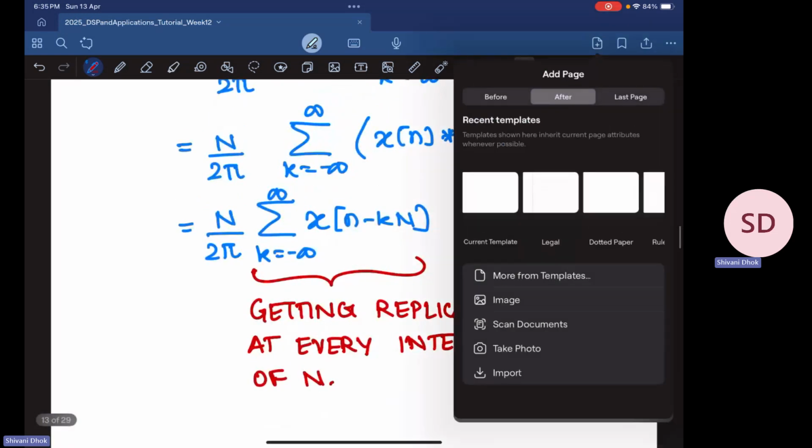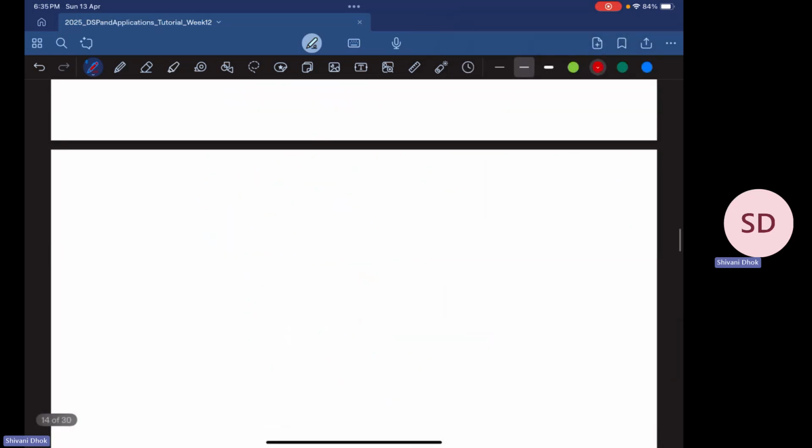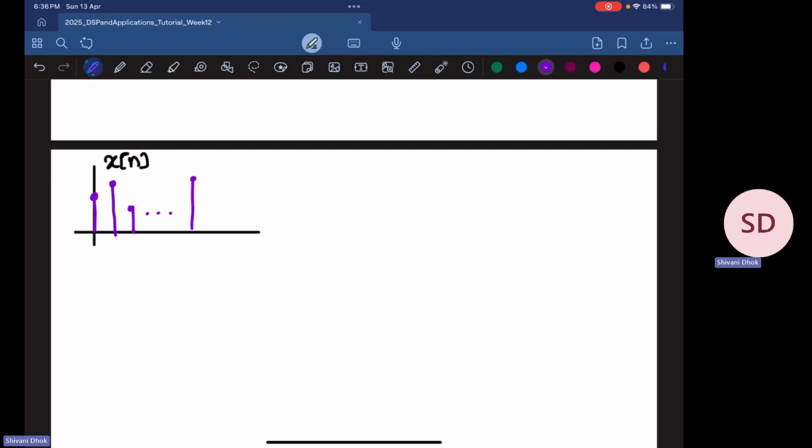Let me add a page here. Let's say we have an x of n, without loss of generality, something like this, with length L, from 0 to L minus 1.